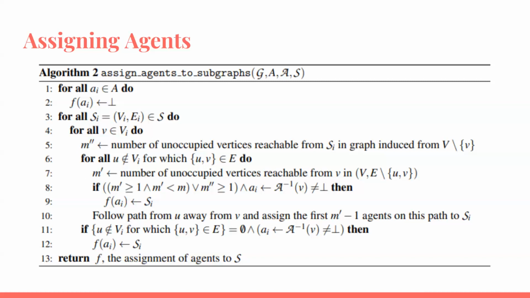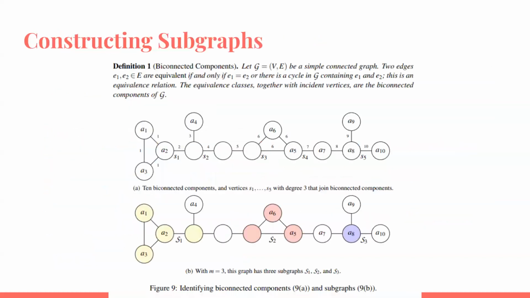Those ones are called joint vertices. A7 would be considered a joint vertex because it's connecting a non-trivial component. This one has a degree of 3 to another non-trivial component. This has a degree of 3. So this would be what we're talking about.